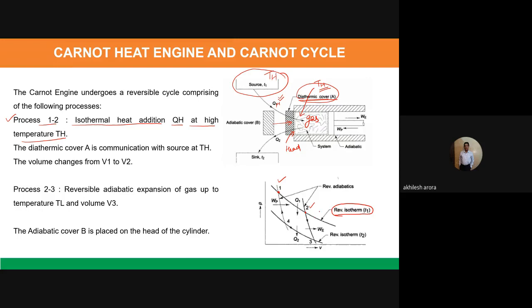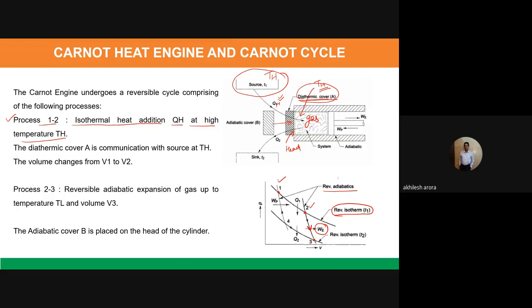As a reversible adiabatic process from point number 2 to point number 3. This is the process which is taking place in a reversible adiabatic manner. So some internal energy of the gas is utilized to give out the work WE, which is the expansion work during this particular process. As you know, during a reversible adiabatic process, there is no heat transfer.